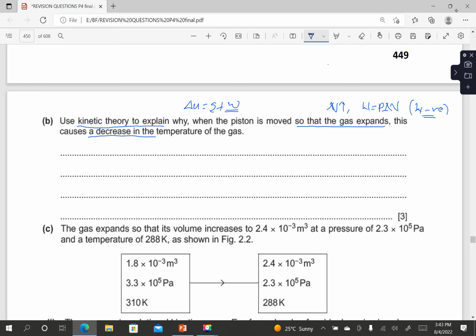Even if I don't think about that and just look at the kinetic theory, the speed of a molecule will decrease on impact with a moving piston.